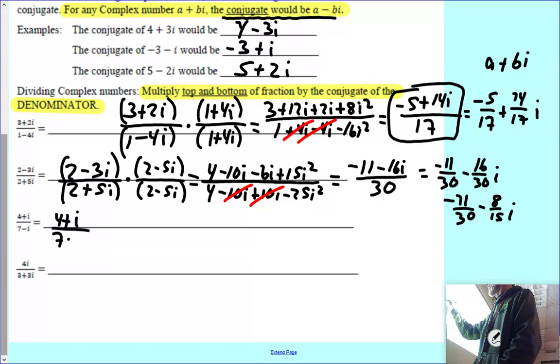So here we go on example 3. So conjugate would be 7 plus i.